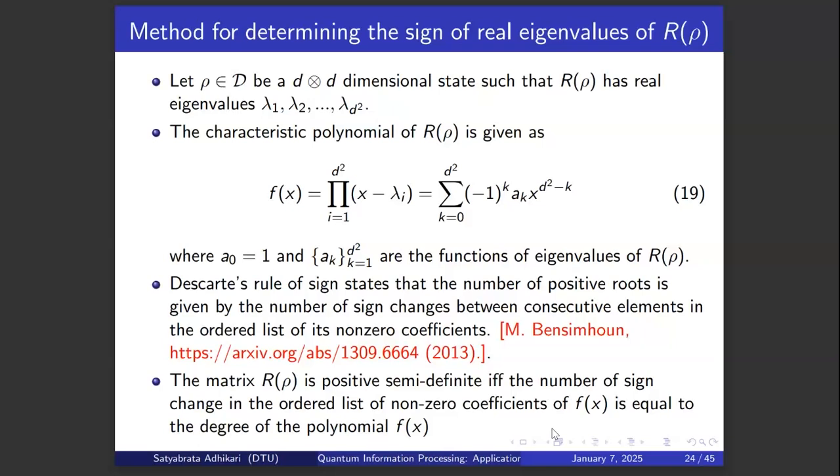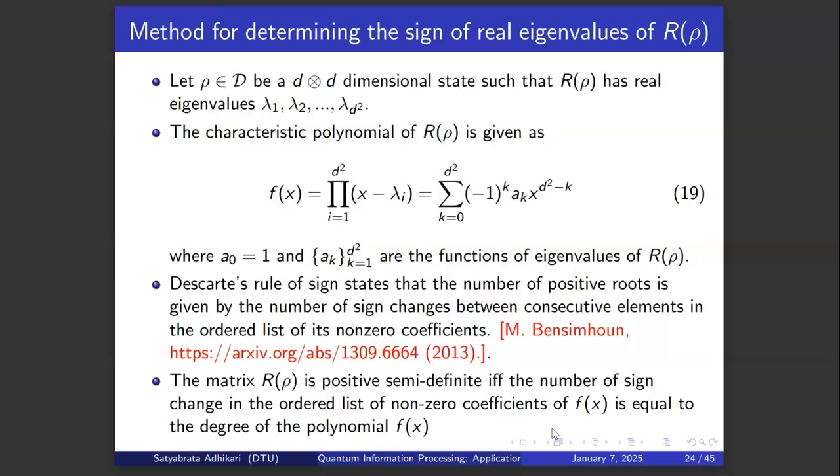Here you can see that we have a characteristic polynomial of degree d square, and a_k here represents the coefficients of each term. a_0 you can find to be 1, but after that a_k, for k equals 1 to d square, are all functions of the eigenvalues of R rho, so they can be given in terms of the eigenvalues of R rho. So this is a polynomial equation: f(x) equals 0 gives you the characteristic equation.